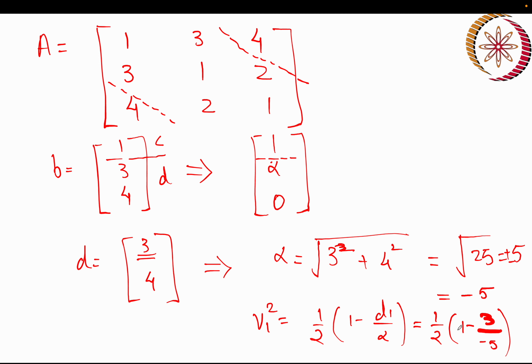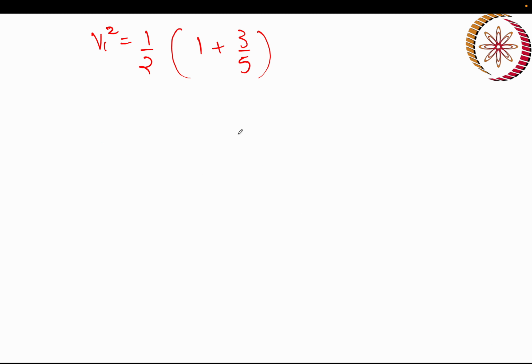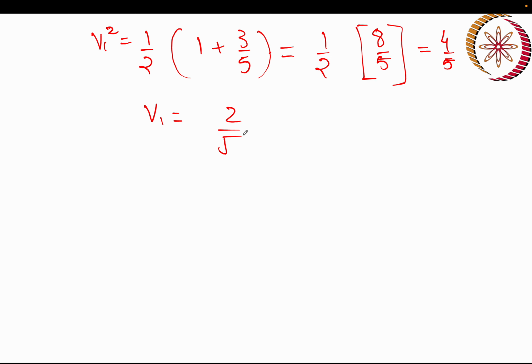This is minus minus plus, so 1 plus 3 by 5, and that will be half of 8 by 5. And if we take the square root, v1 is equal to, let's say this is 4 by 5, so it will be 2 by square root of 5. Okay, so we got v1.